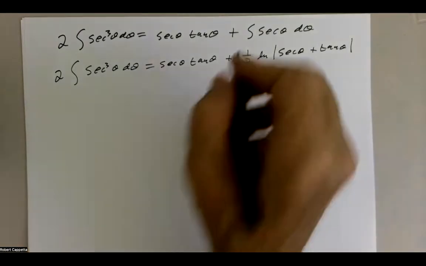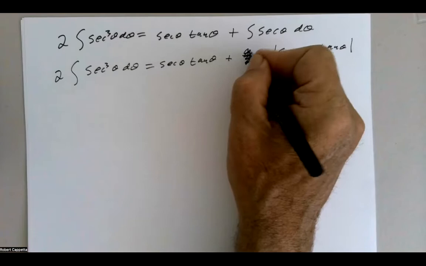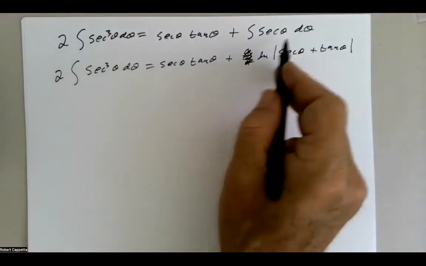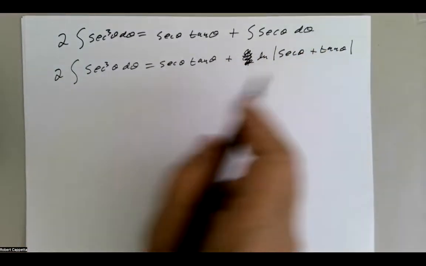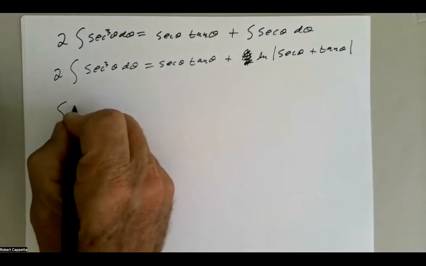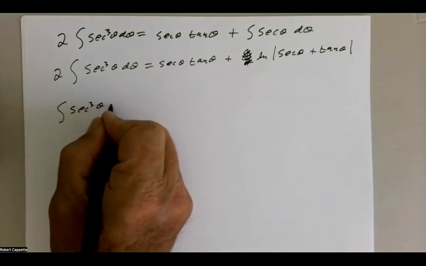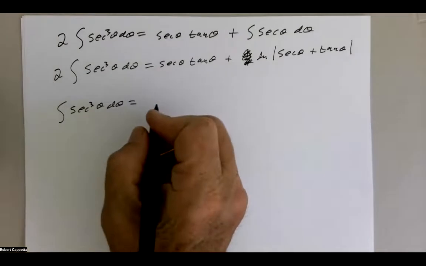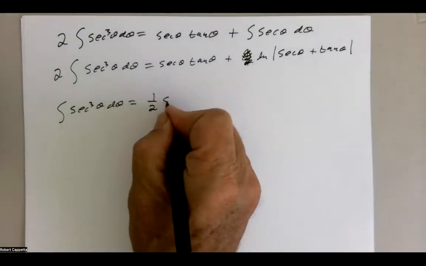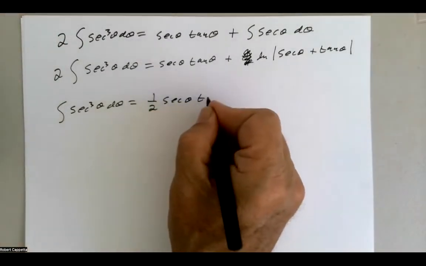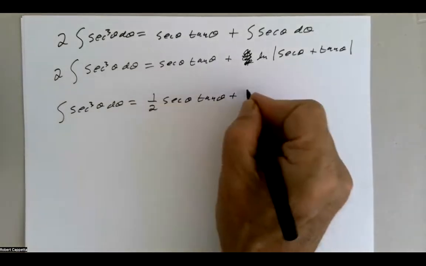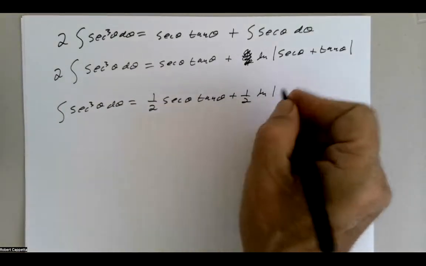Now divide everything by 2. The integral of sec cubed theta d theta is 1/2 sec theta tan theta plus 1/2 log of sec theta plus tan theta.